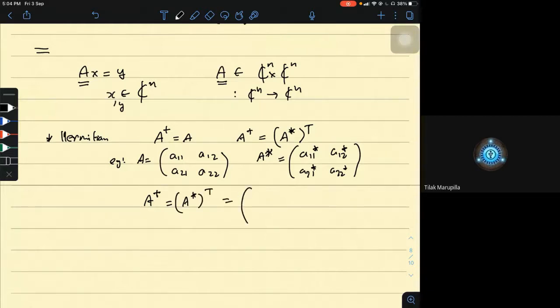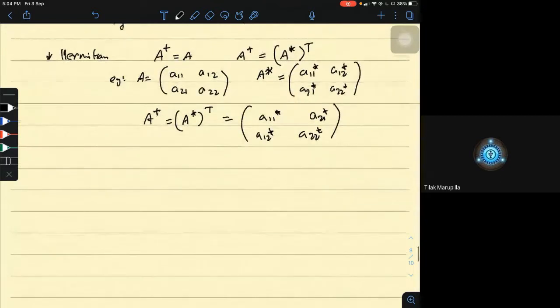This is the Hermitian conjugate of the matrix. If the Hermitian conjugate of the matrix is equal to the matrix itself, this is a Hermitian matrix.